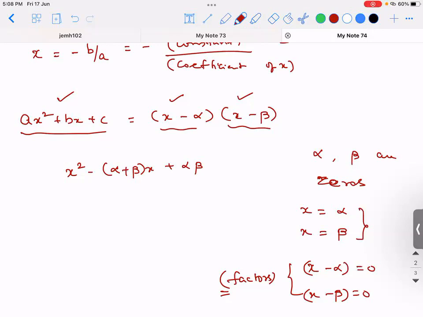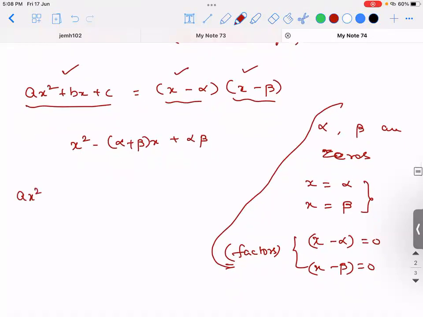Okay. So when this is the scenario, can I say ax square plus bx plus c is the same as x square minus of alpha plus beta x plus alpha beta? Correct? One change I need to do here is I have the coefficient of x square here as 1, and here I have the coefficient of x square as a.